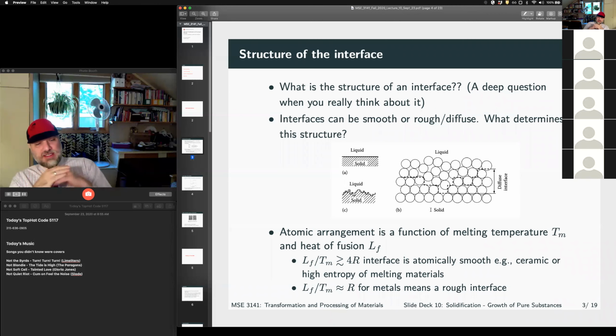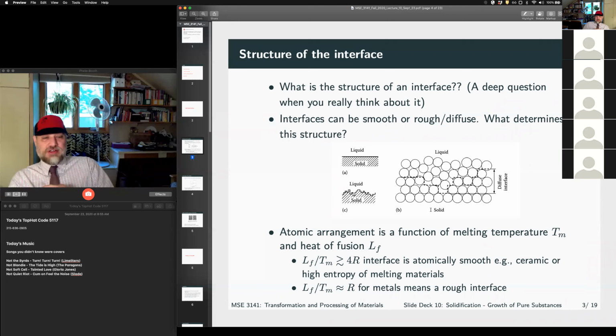It's really easy to say, well, the interface is the boundary between the solid and the liquid, or in terms of our solid transformations, it's the interface between one solid phase and another solid phase. But we normally don't stop and think that the interface itself actually has a structure, right?